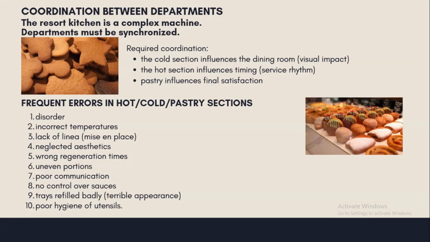Your eyes are for seeing, your hands are for carrying and handling things, your legs are for movement. They have different functions, but they have to be coordinated together. If they don't work as one, your body will not function as one. So the kitchen is a complex machine, yes, but departments must actually work together.